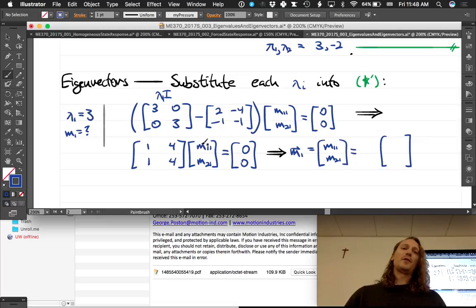Okay, let's try -4, and then M21 was +1. That would make that row 0, right? Because it would be 1 times -4, which is -4, plus 4 times 1, which is 4. So -4 plus 4 is 0. So that would satisfy. So let's just write that solution in. So we had -4 and 1.